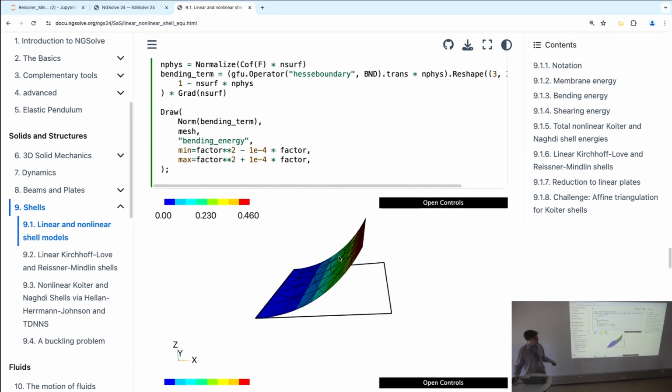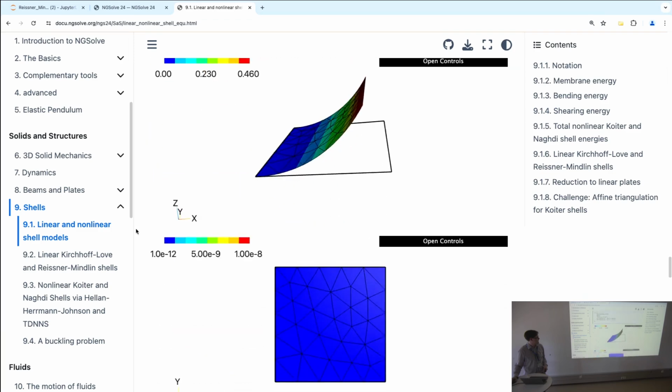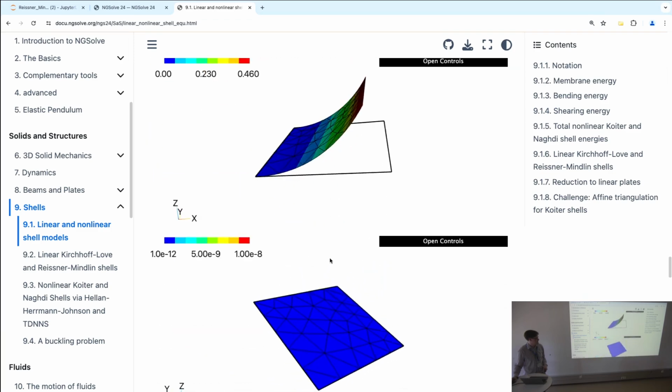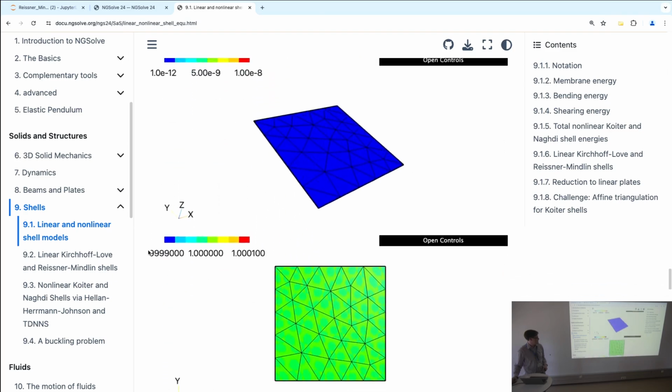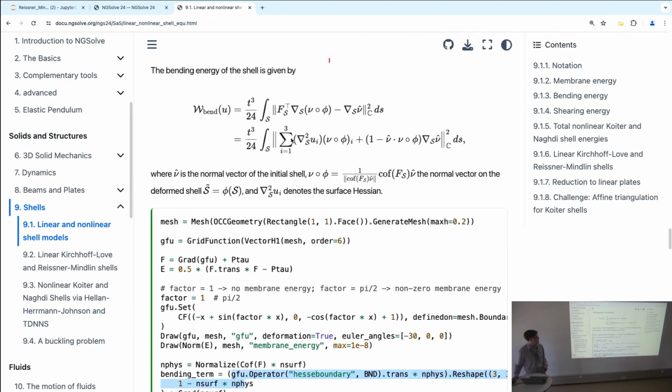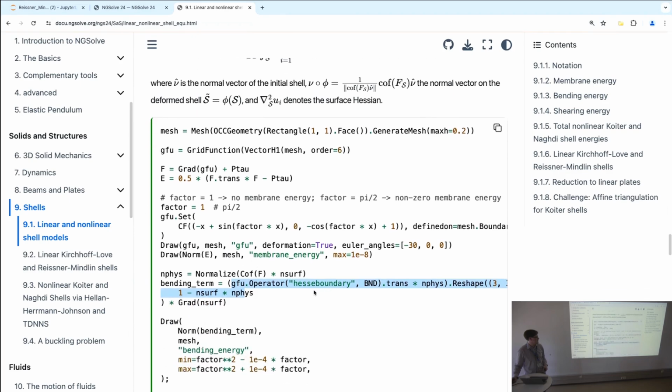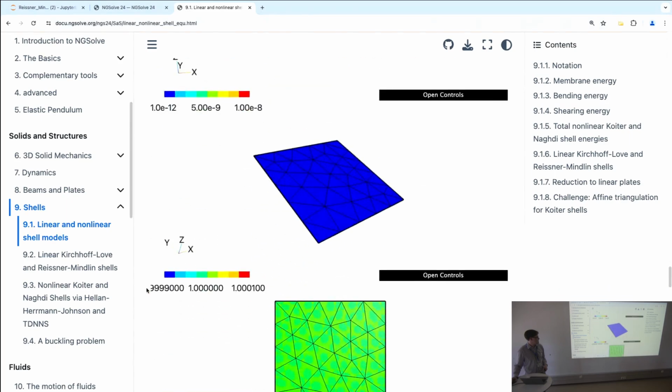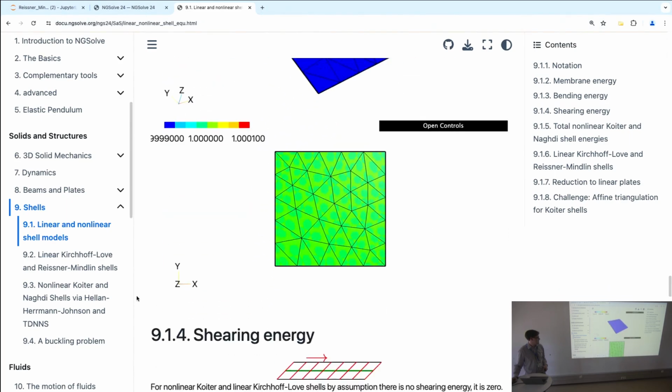So here the deformation is chosen such that we have a perfect roll-up of our plate. So the membrane energy is 0 because it's a perfect bending. But if you compute the bending energy according to the formula from above, so we can now really implement this formula, we have a Hessian operator on the boundary. We see that in this case it's exactly 1.